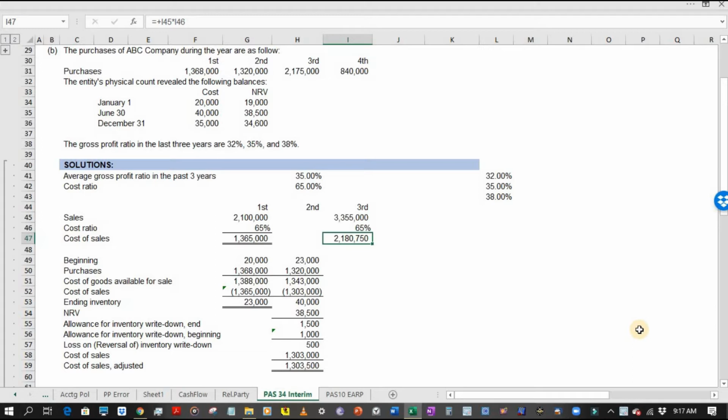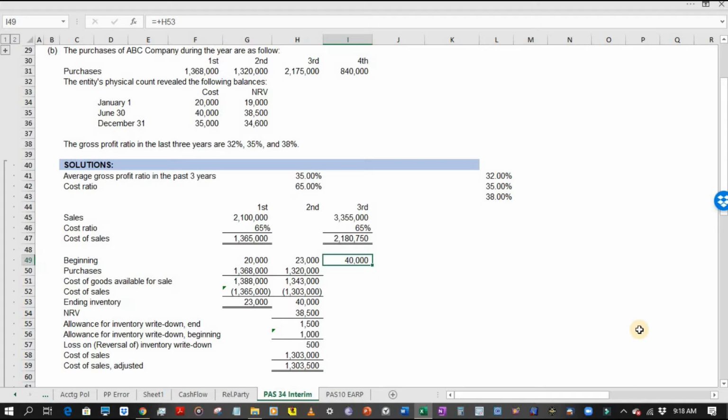So to compute for the estimated ending inventory, let us start with the beginning balance of inventory, which is 40,000 pesos. Again, if you still remember, the ending inventory that should appear at the end of the second quarter is now 38,500, which is the net realizable value, which is lower compared to the cost of 40,000 pesos.